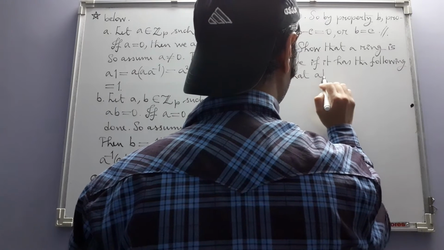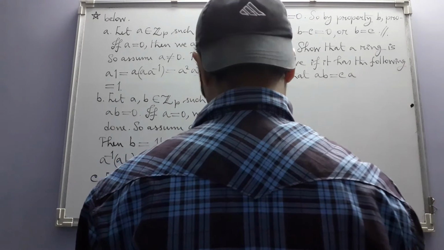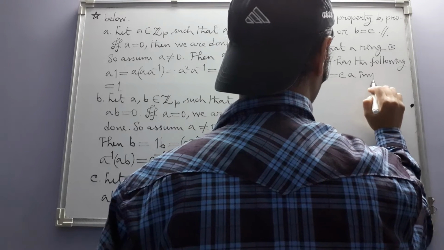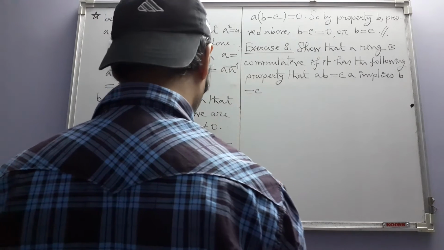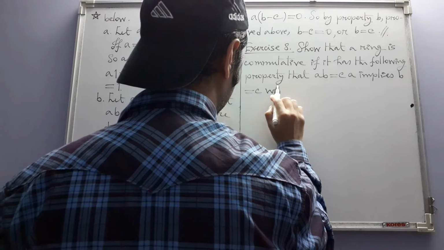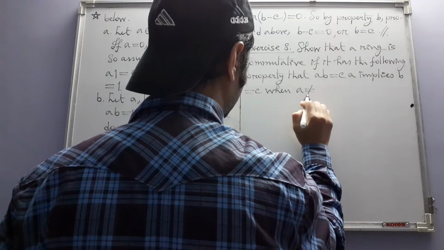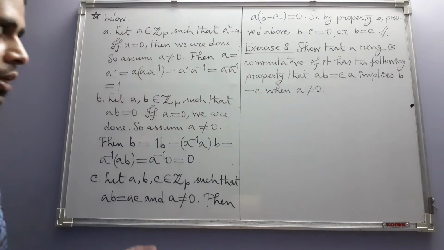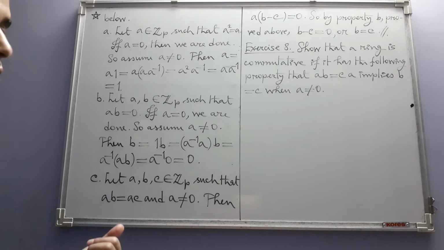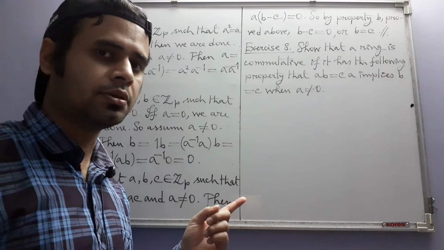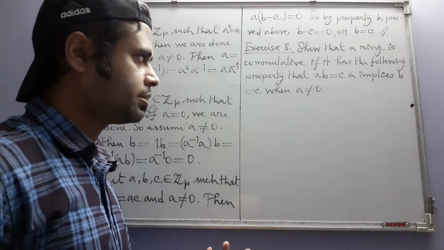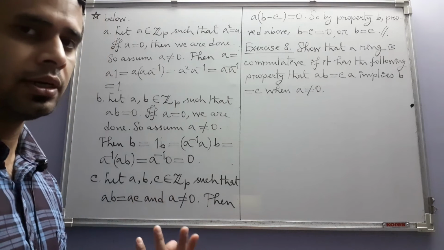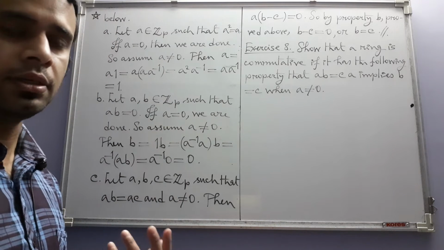That AB equal to CA implies B equal to C when A is not equal to 0. If there is a ring in which you take 3 elements A, B and C such that A is not equal to 0 and AB is equal to CA, then it implies that B is equal to C. If this is true in a ring, we have to prove that the ring is commutative.